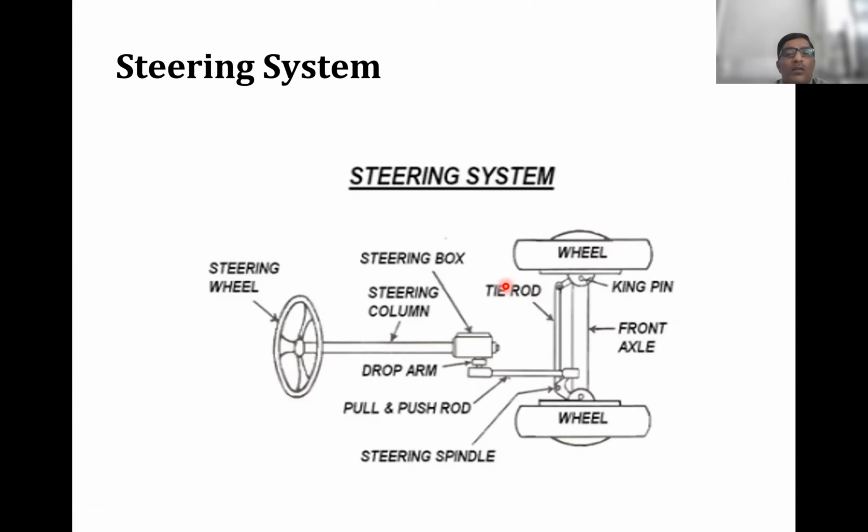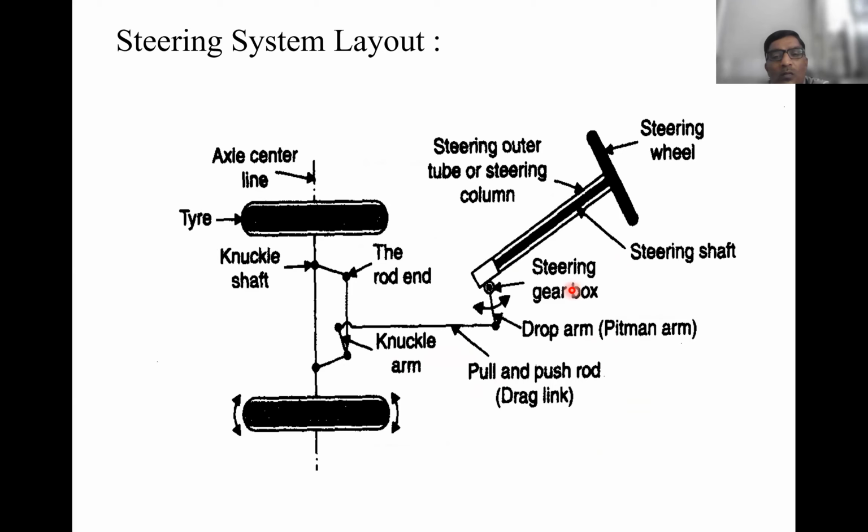Another image. This is the steering wheel, steering column, steering gearbox, push and pull rod. This one is the tie rod, and the wheels. Here you can see in detail.